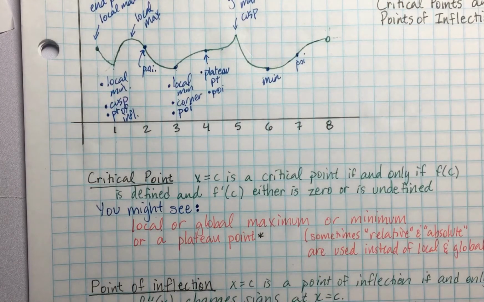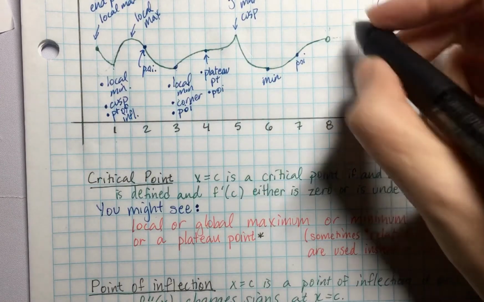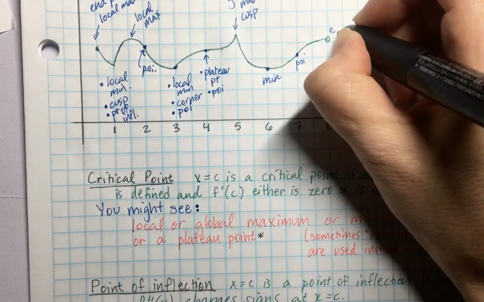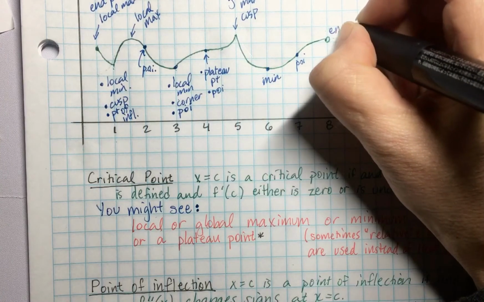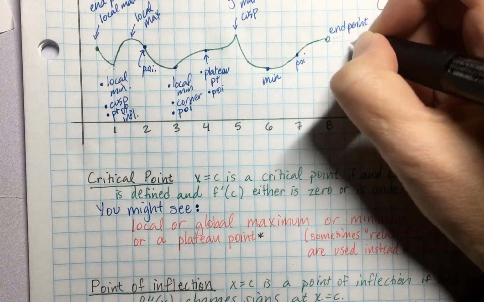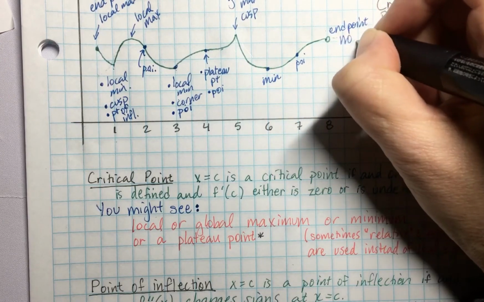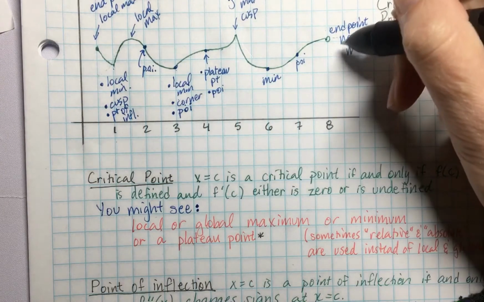And then on our endpoint, this is a little weird. Notice that even though our function ends here, with an open circle, it's not a minimum, it's not considered a maximum, because in order to name a maximum, you would have to say what the y value is.